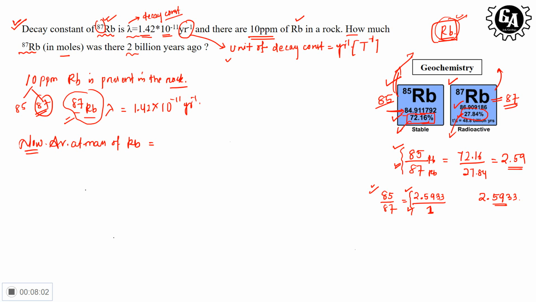First calculate the average, then what percentage this 87 is contributing now, then we will calculate what the percentage or the amount in moles was 2 billion years ago.